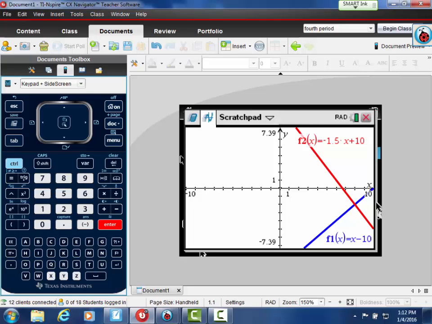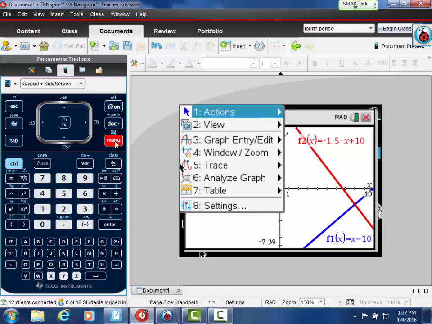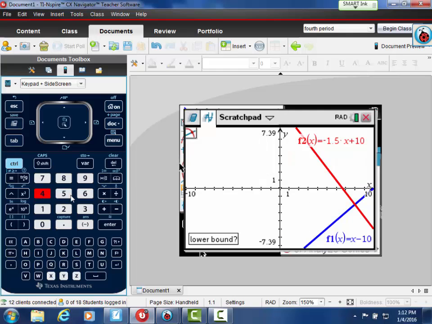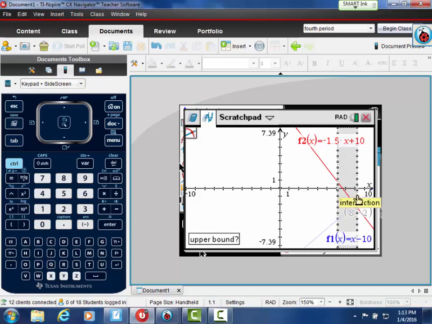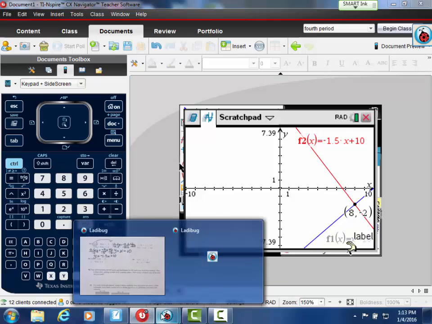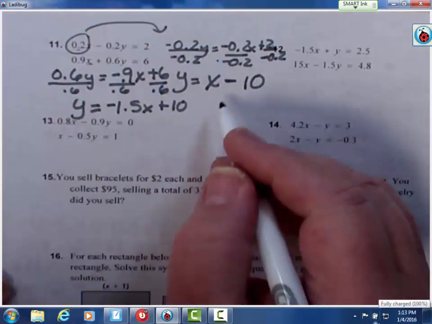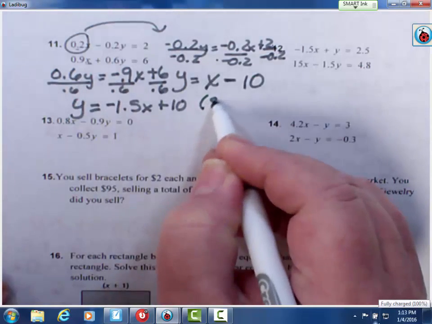Okay, and we can see that the two lines intersect here, so to find out what that point is, we'll do menu, 6, 4, and then we will set our boundary line to the left, hit enter. To the right, hit enter, and it tells us our intersection is 8, -2. So on our piece of paper, we're going to put our answer as 8, -2.